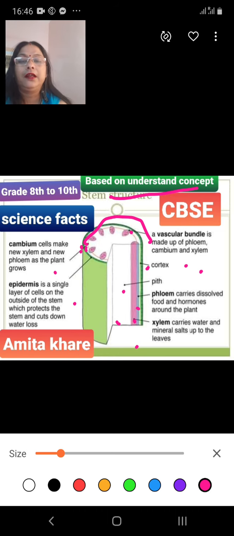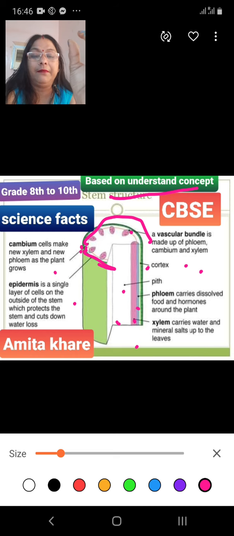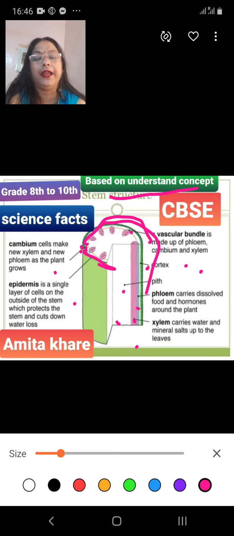Next, this green structure is the epidermis. Epidermis is a single layer of cells on the outside of the stem. How can we define the epidermis in the stem structure? You can see on your screen, this is a single layer of cells on the outside of the stem, which protects the stem and cuts down water loss.